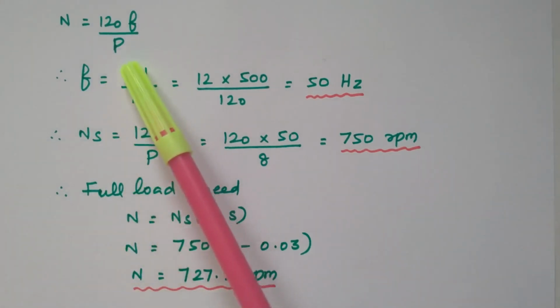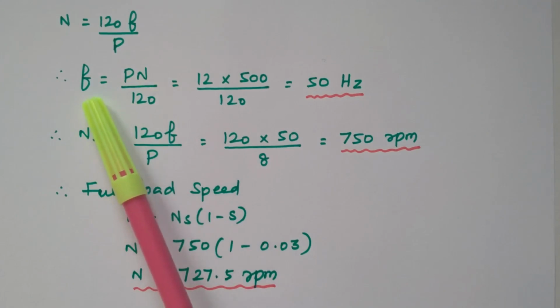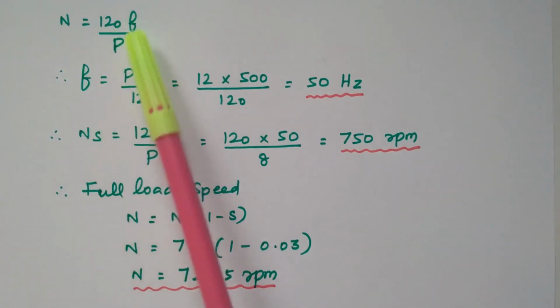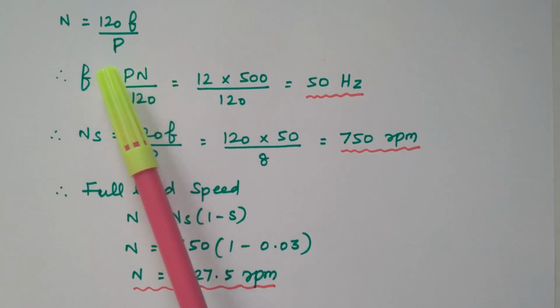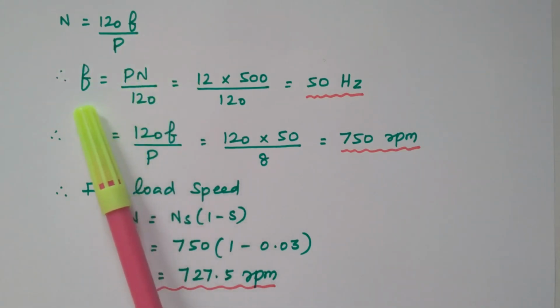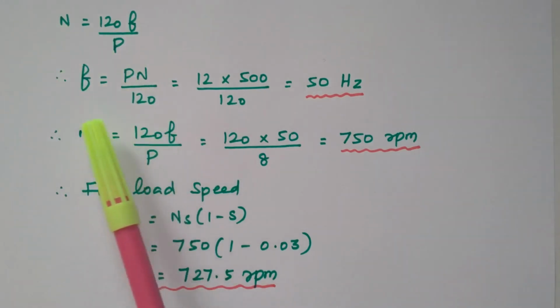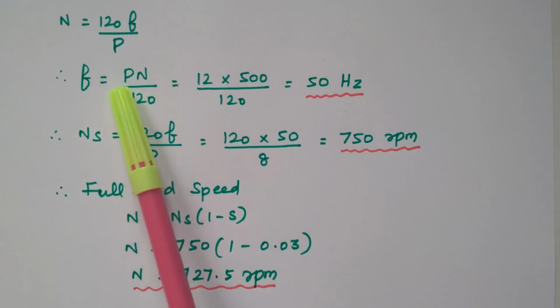First we will find the frequency of the induction motor from the alternator data. N equal to 120 f by P, that's a standard formula available. From that we can find the frequency value. P and N are multiplied and 120 is brought to the denominator, so that f equal to P into N divided by 120, number of poles and speed divided by 120.